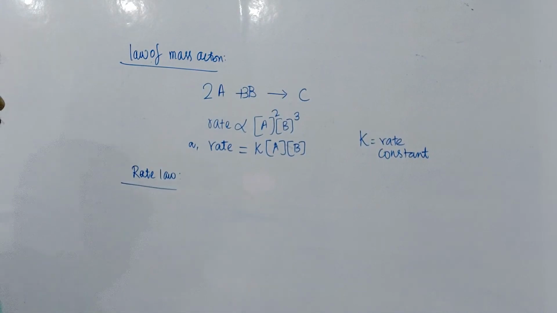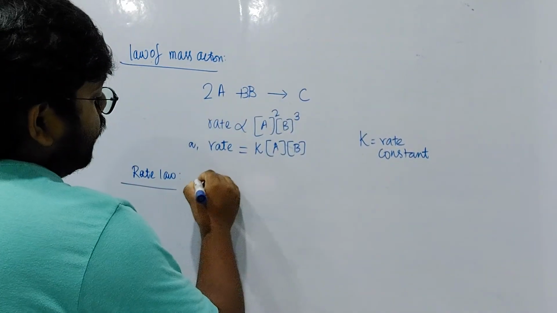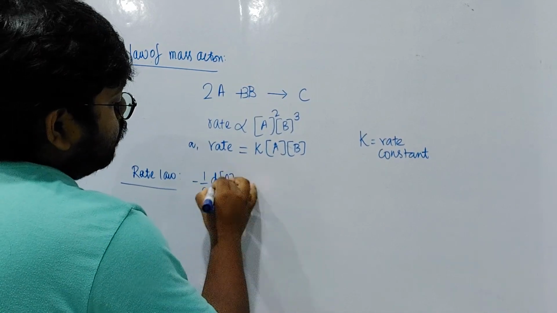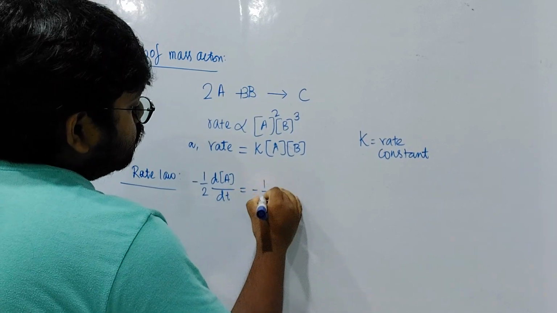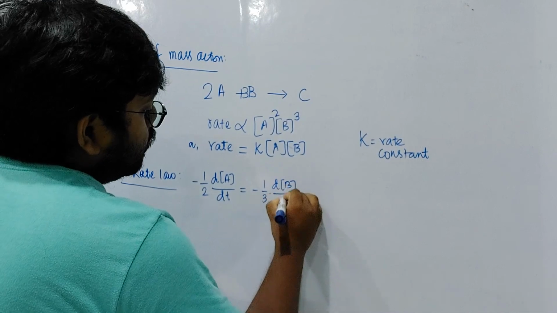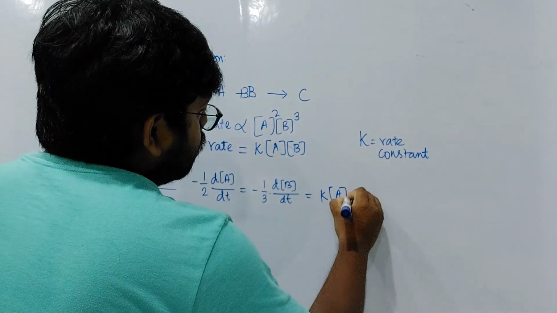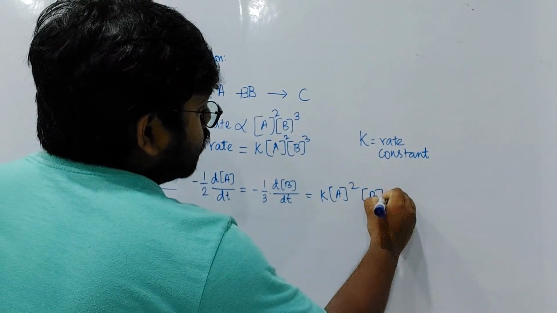The rate can be written something like this: minus 1/2 d[A]/dt is equal to minus 1/3 d[B]/dt is equal to K into concentration of A squared into concentration of B cubed.